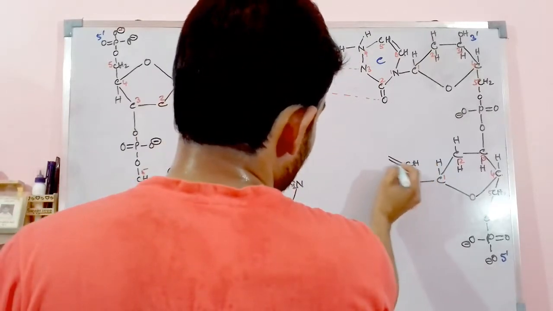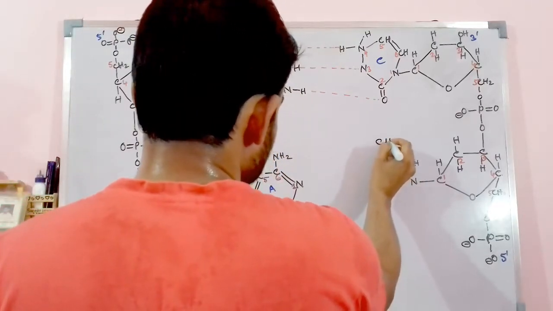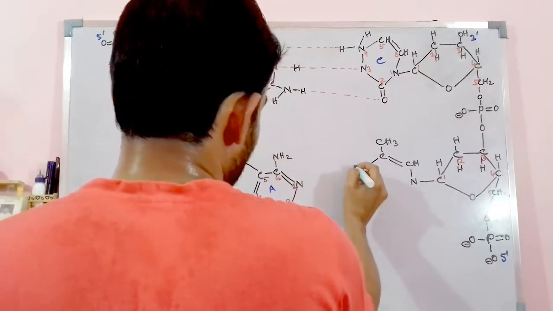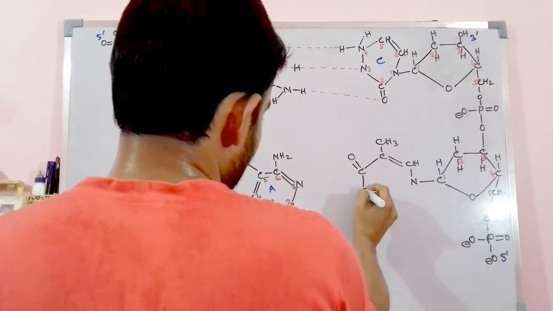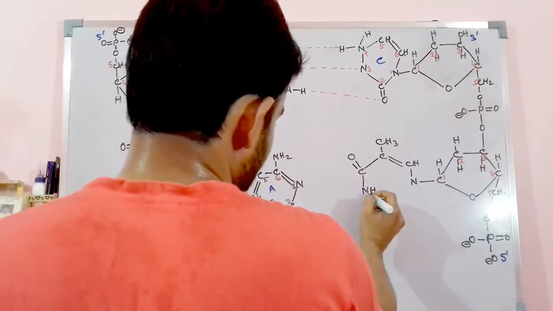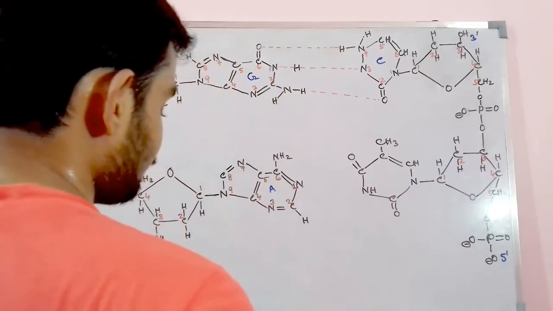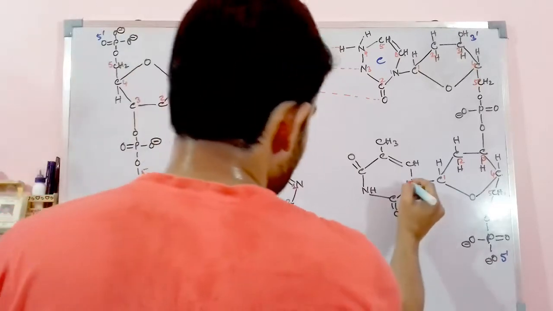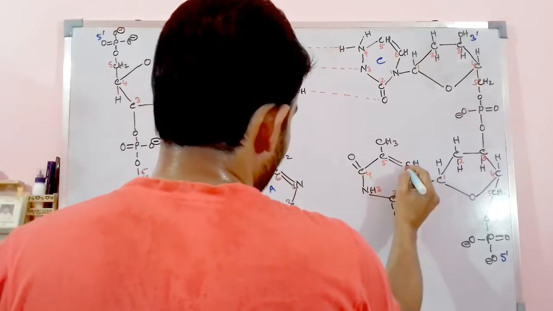The CH molecule is again having another C-CH3, sorry, C-CH3, and that one is having a double bond, again forming a bond with another carbon, and that carbon is forming a bond with NH here, and that NH is having a bond with C double bond O, which is again bonded with the nitrogen. This is what thymine is. Okay, so the naming starts from here, the first nitrogen, second, third, fourth, fifth, and sixth.